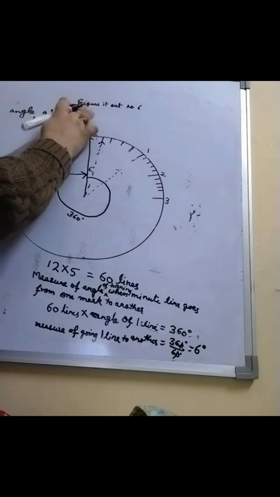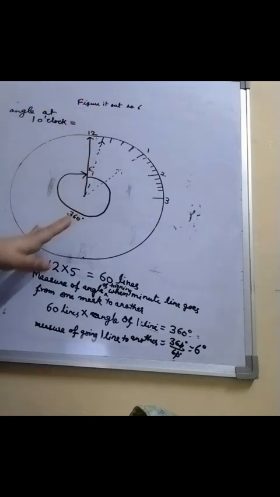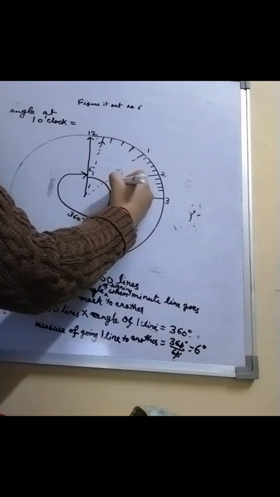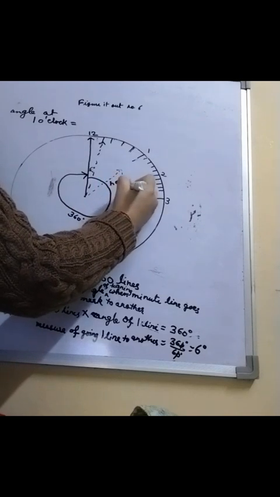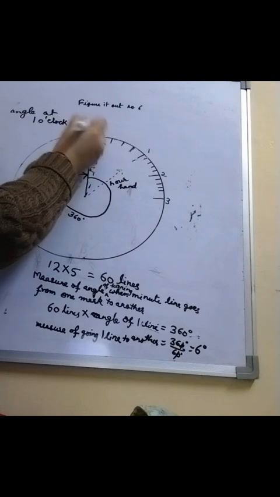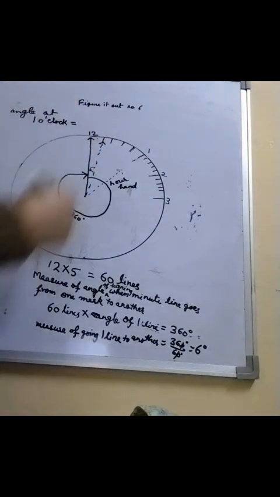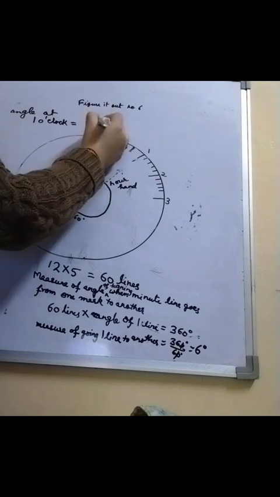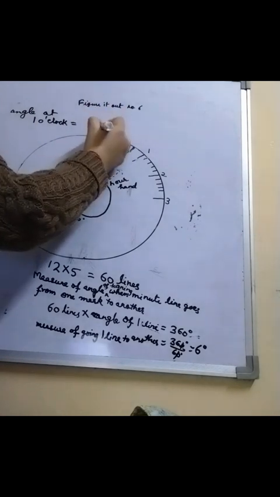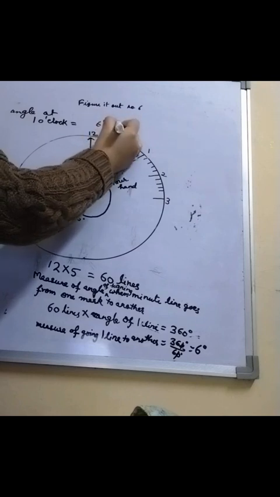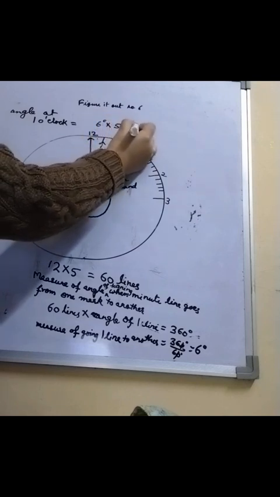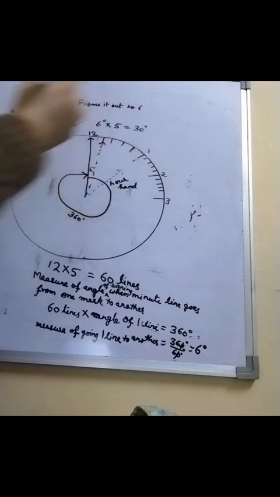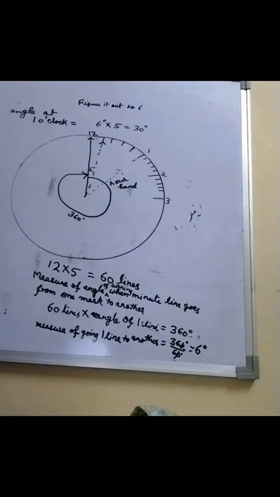Angle at 1 o'clock means when the clock is giving the time 1 o'clock. So where would our hands be? Our hour hand would be at 1 and the minute hand would be at 12. So the angle between one line and another line is 6 degrees and in total there are 5 lines. So you get 30 degrees.